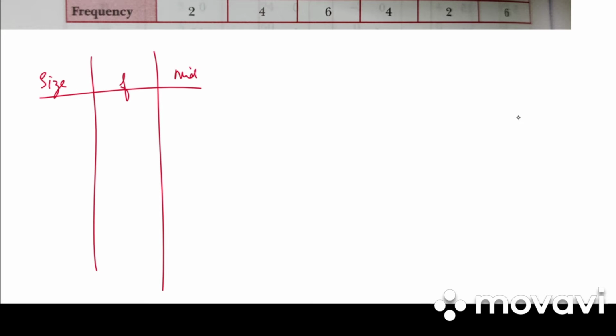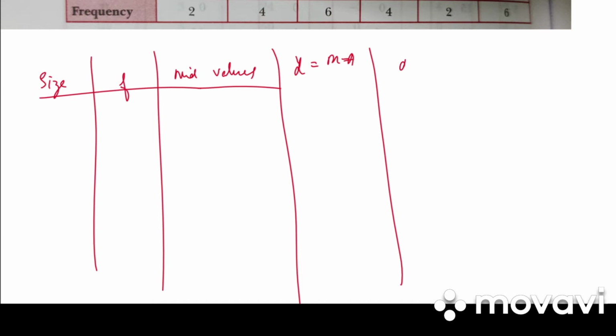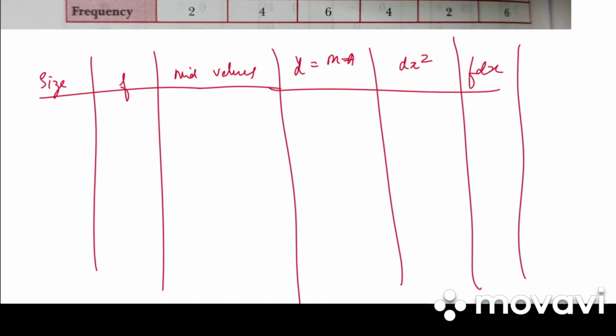We need to find mid value. Then we need to find d, that is m minus a. Then we need to find dx square. Then we need to find fdx. And last we need to find fdx square.